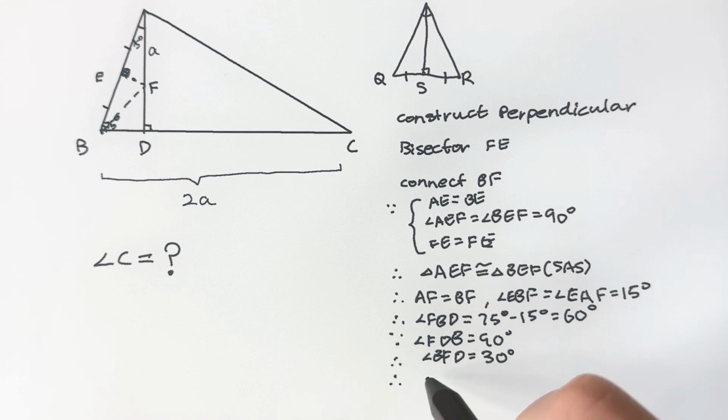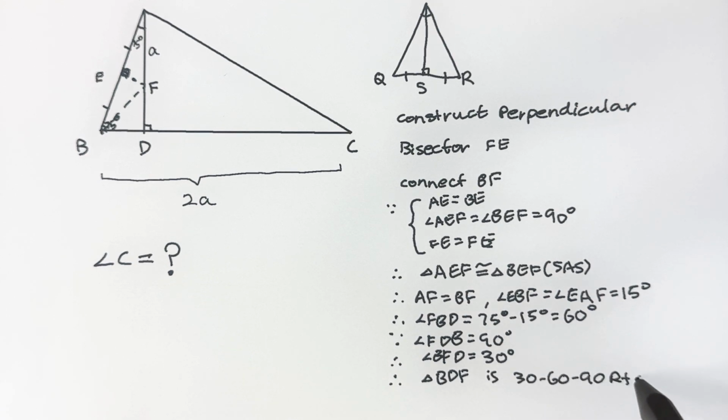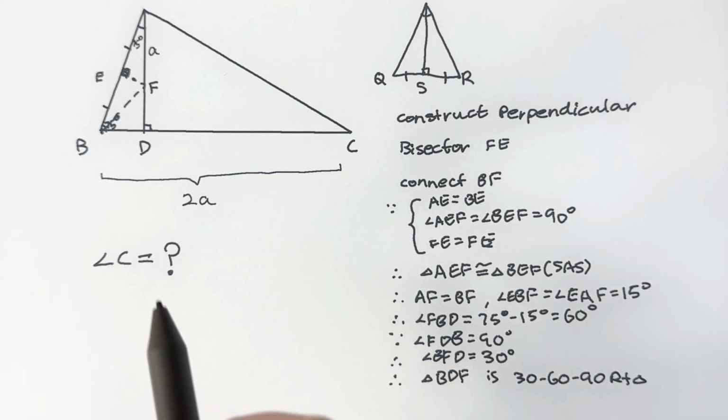So we have triangle BDF is a 30, 60, 90 right triangle. Now we can use the proportions in a 30, 60, 90 right triangle.